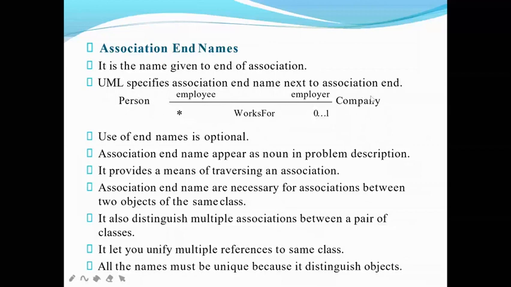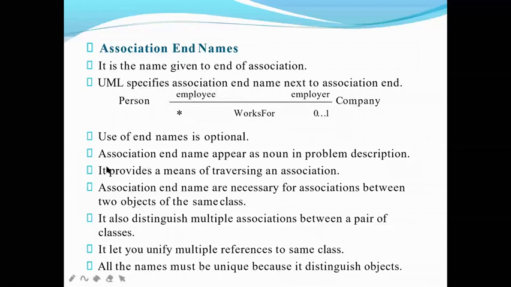The relationship between these two classes is works for. What is the association link? I have given the association link here. Now, what are your association end names? These ones, employee and employer. So the person is an employee over here, and the company is the employer. This kind of thing can be described.